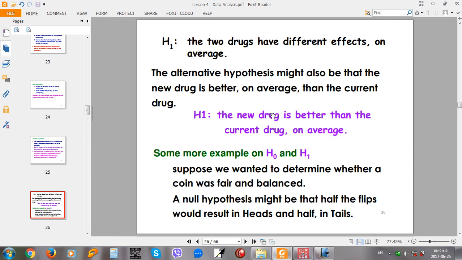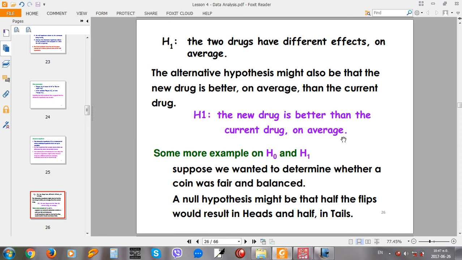We take the null as there is no significant difference between two drugs. Then what we can write as the alternative hypothesis, which is easier, is that there is a significant difference between two drugs, right?